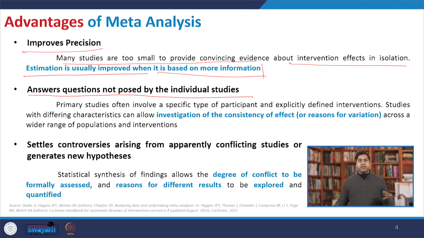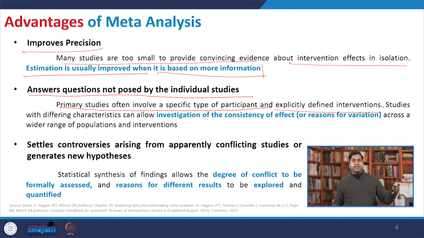Because we are comparing 2-3 different studies of similar nature, where all the papers have talked about the same variables and reported different correlation values or associated values, the primary studies often involve a specific type of participant and explicitly define the interventions.